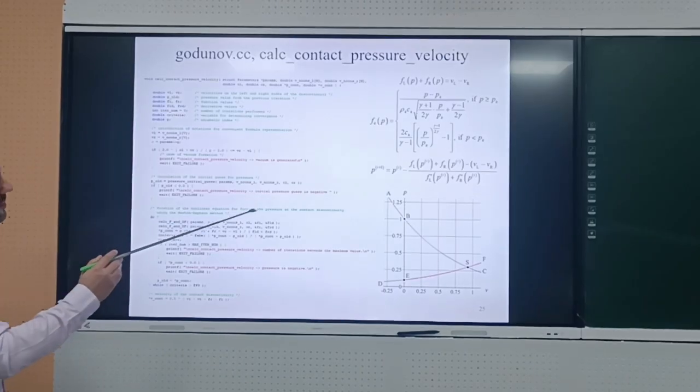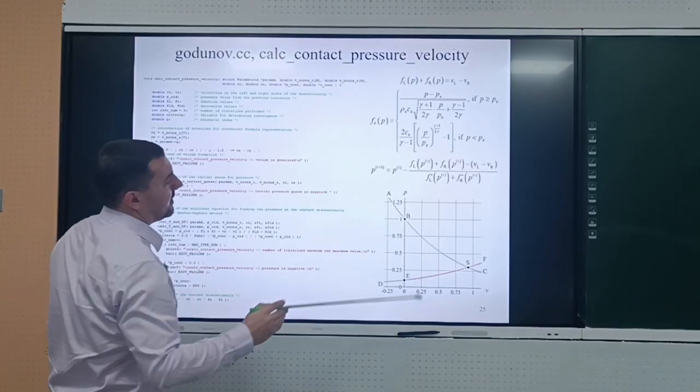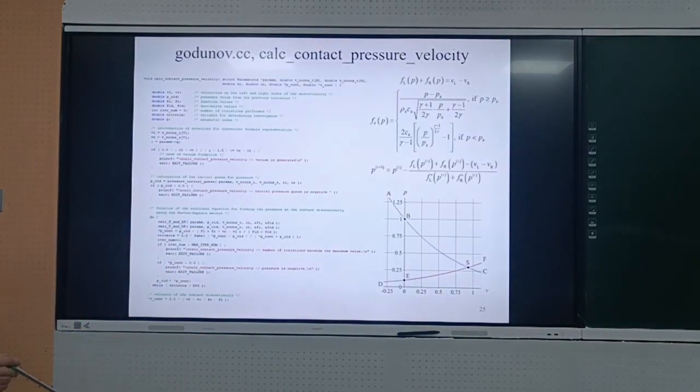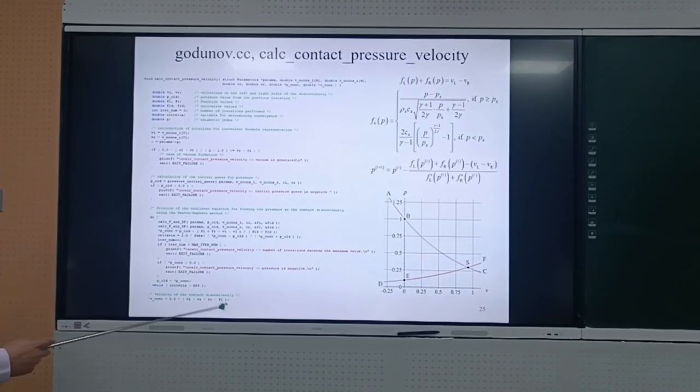Calc f and df computes this f function and the derivatives of f with respect to p. And you can see that it's very easy to follow the code because I tried to make the code very similar to the formulas. And that's it.